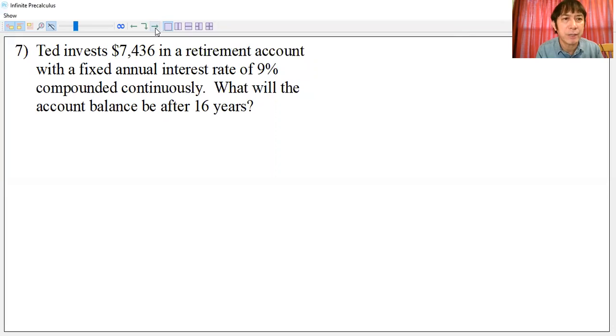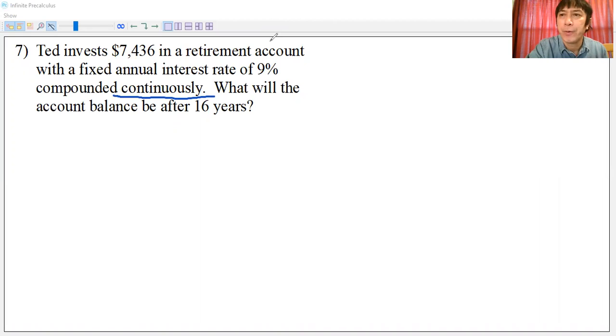Ted invests 7,436 in a retirement account with a fixed annual interest rate of 9%, compounded continuously. The moment you see that word there, continuously, you will use a different formula. What will the account balance be after 16 years?